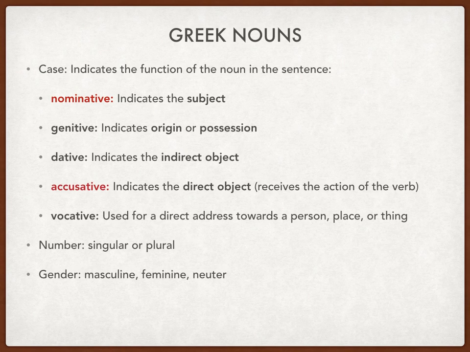So if I call one of you by name on Monday and say, hey, so-and-so, I need you to give me the answer to this question, I would use the vocative case to address you. Think of vocal. If I vocalize your name and call you, whether your name is Jane or Tom or Jesus or something else, I would be using the vocative case if I called you out directly. Hey, so-and-so. The vocative is pretty straightforward. We'll go over that a bit later.